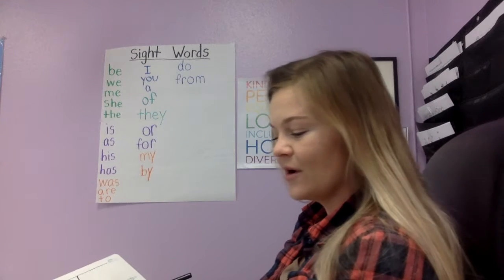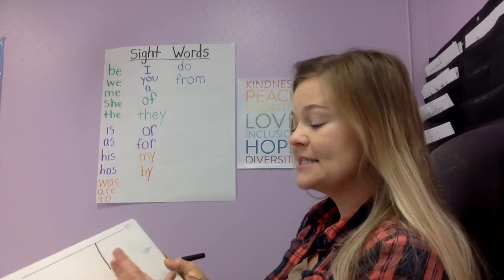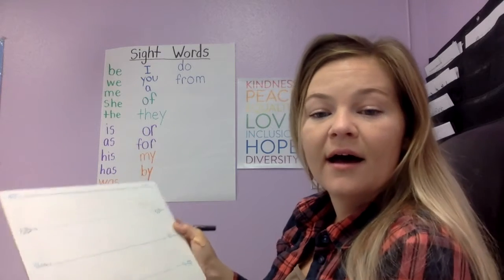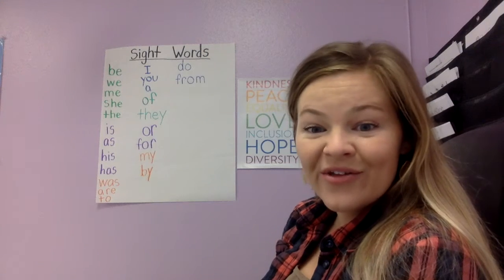Now let's spell a word, so I'm going to erase my board. Now let's spell a word that starts with just an H, just a h sound. I want to spell the word hot, like the weather gets hot in the summer. Hot.